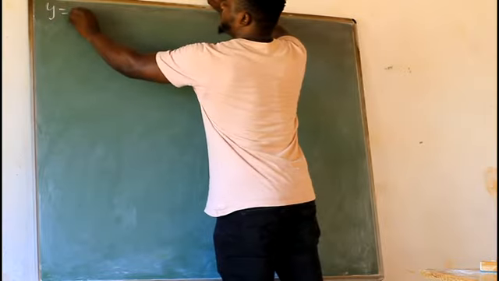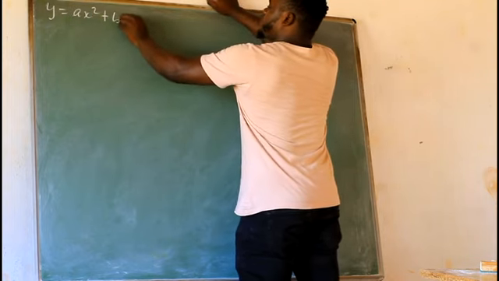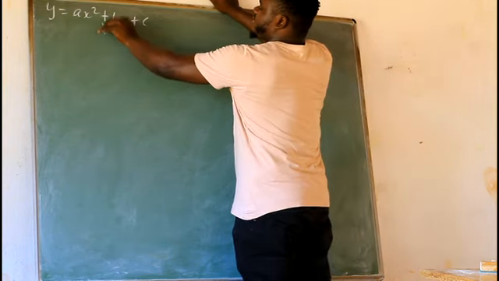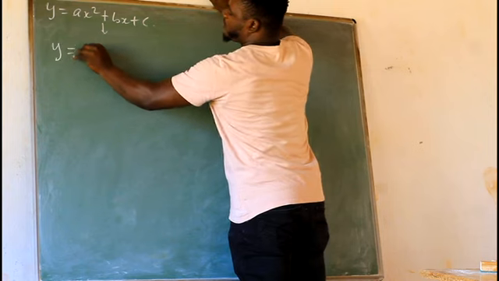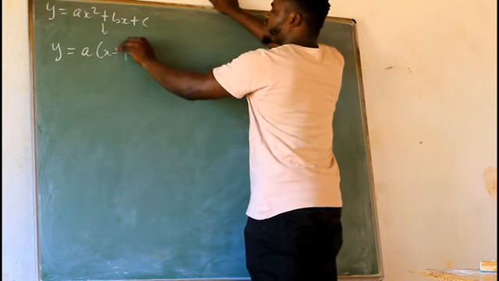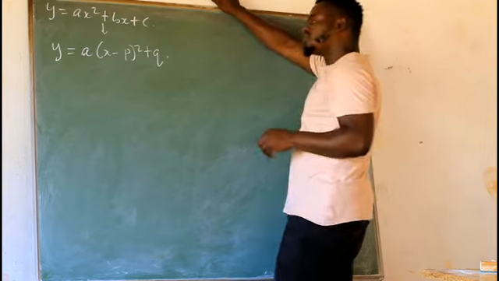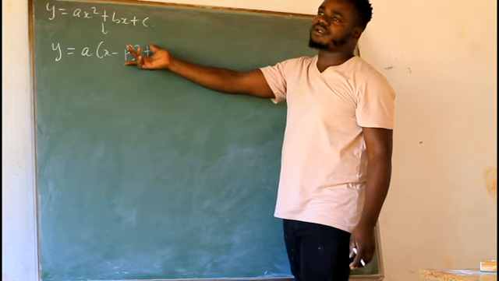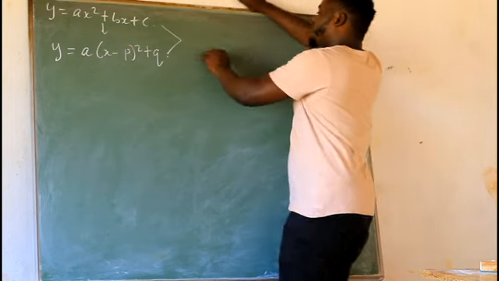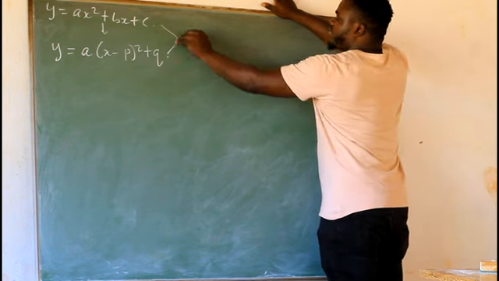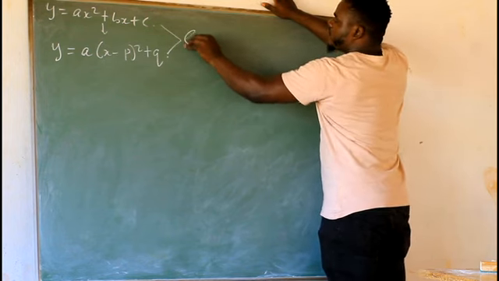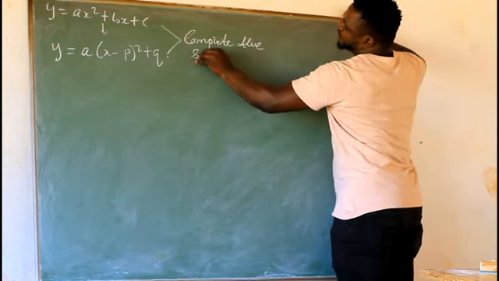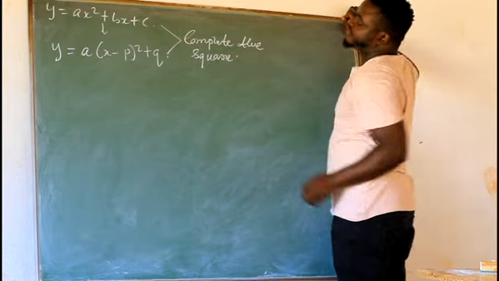You are given y equal to ax squared plus bx plus c, and they can say, write this in the form y equal to a(x minus p) squared plus q. If you ever find a question that says, write this one in the form of that one, you must always remember that there is no other way to solve it unless we complete the square.